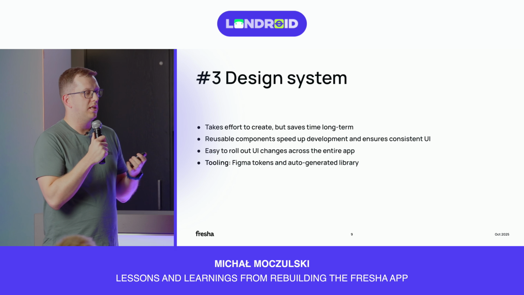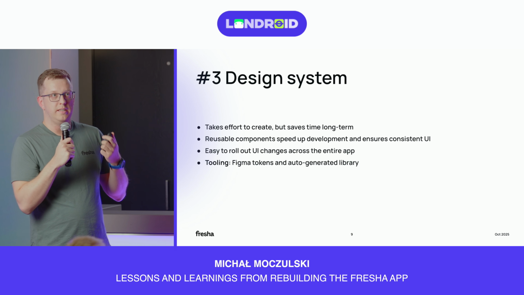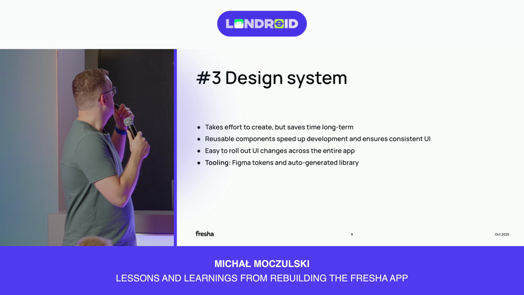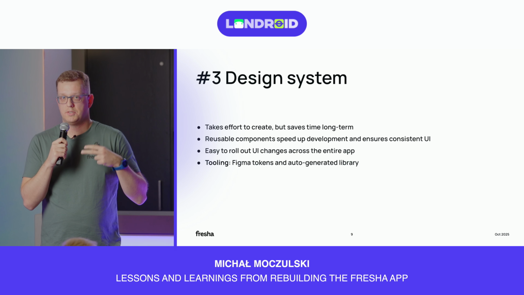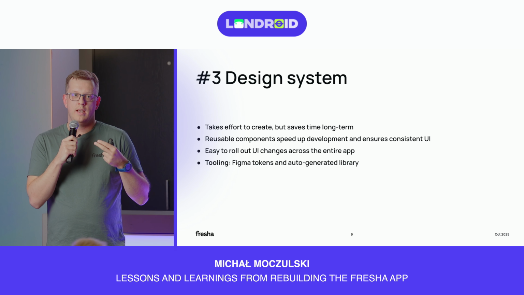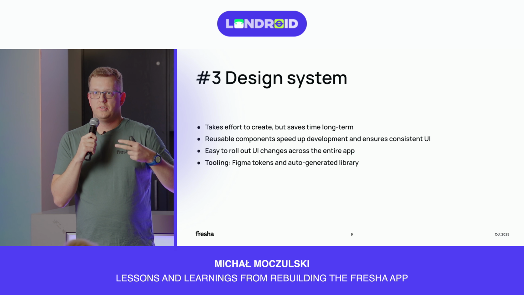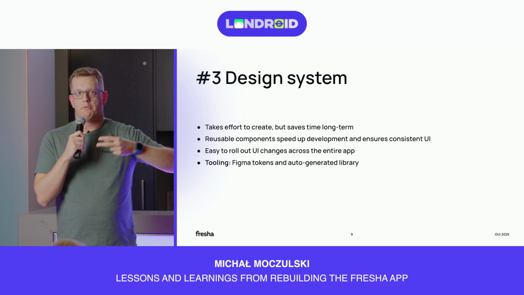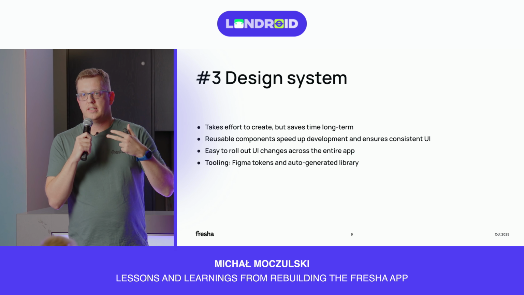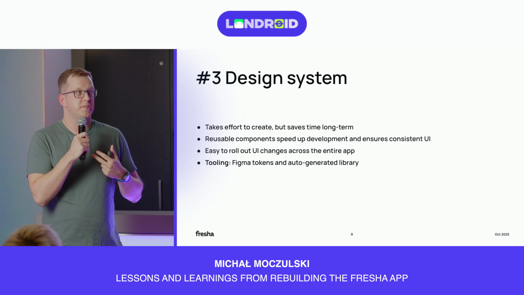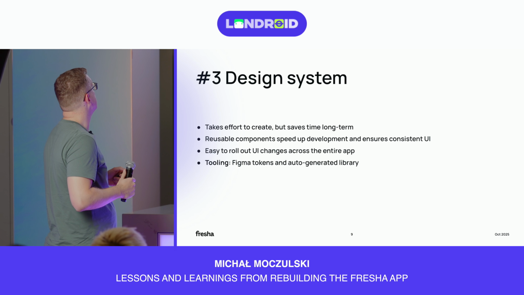And also sometimes no code change is required because we are using Figma tokens. Based on Figma tokens, we are generating the Android library, and the Android library is consumed in our project. So every time tokens are changed, we are just getting notified about the new version, and we may simply apply those changes in our project.